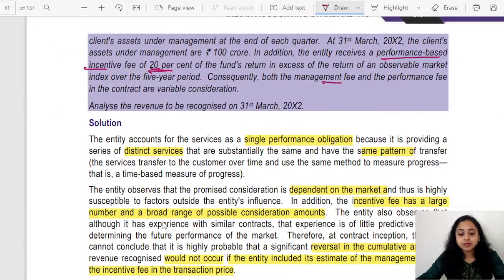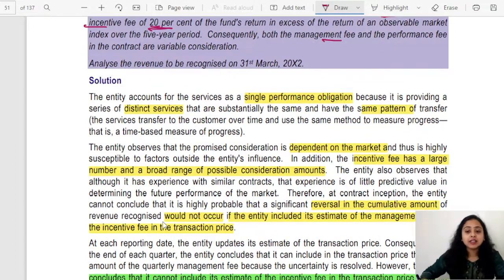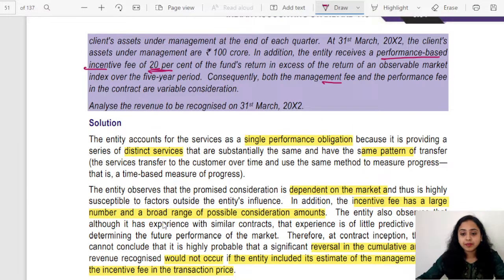See, the entity accounts for the services as a single performance obligation because it is providing a series of distinct services that are substantially the same and have the same pattern of transfer. The entity observes that the promised performance based consideration is dependent on the market and thus highly susceptible to factors outside the entity's influence.